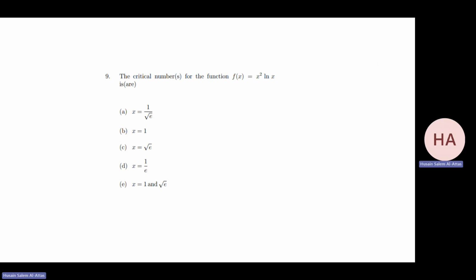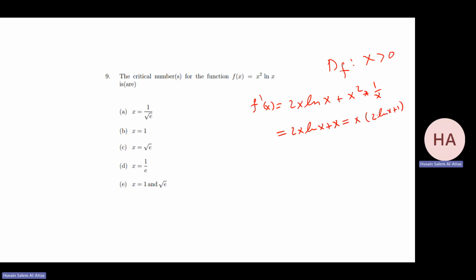The critical numbers of this function are, what's the domain? X is positive. So check F prime. That will be 2x ln x plus x squared times 1 over x. And that is 2x ln x plus x, which I can take x as a common factor, that will be x times (ln x plus 1) equal to 0.